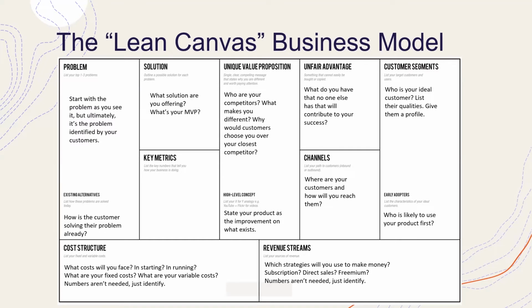Then when it comes to customer segments, this is another really, really important part, because this is who your target customer is. It's never everybody. Okay. Your customer segment isn't everybody. You might think everybody wants it, but you have to start somewhere, and you have to find that ideal customer. We call them avatars. In some companies, they give them names, and they say, she lives in this kind of area. She lives in the suburbs. She makes $50,000 a year.